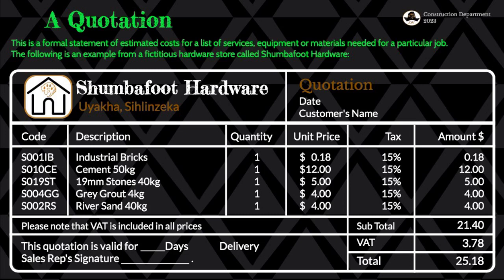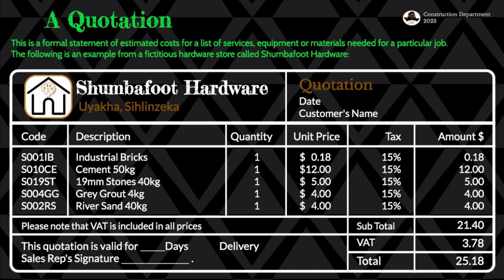So we need to find the actual price, which is the gross price of the materials, which is $21.40. And then the $3.78, that's the value added tax, which is the money that we add there. And then the net total, which is the total that is going to be used to sell these materials, will then be $25.18. So that's how a quotation looks like.